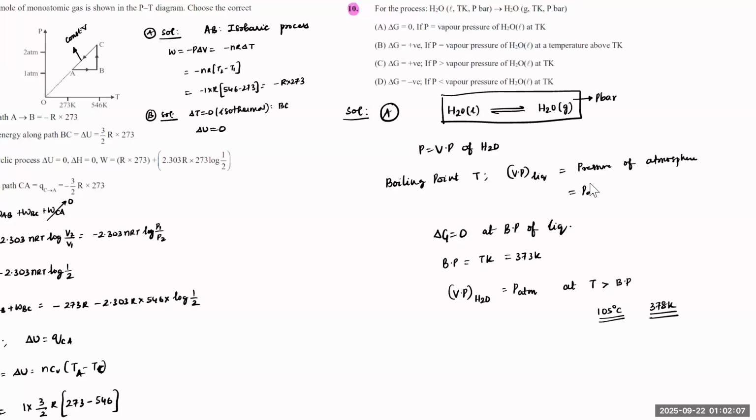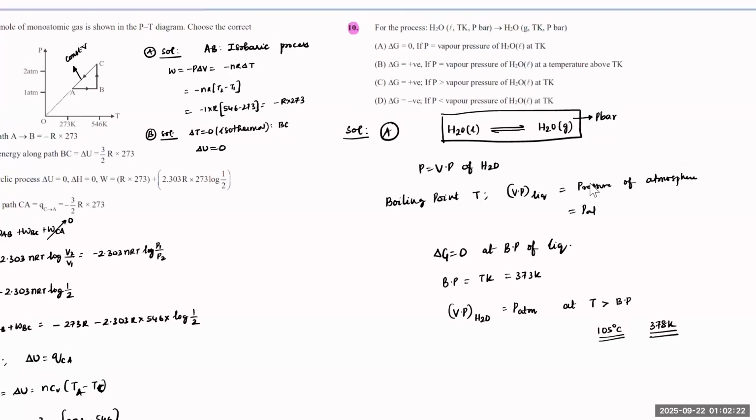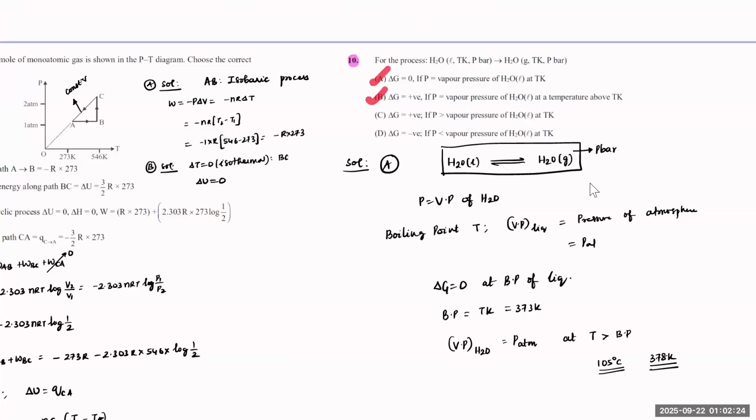More will be in the liquid region and less in the vapor region, so the net reaction is more backward. Is that making sense? So yes, this option is also correct. If the reaction is more backward, it is non-spontaneous and the delta G value will be positive. Clear? Next.